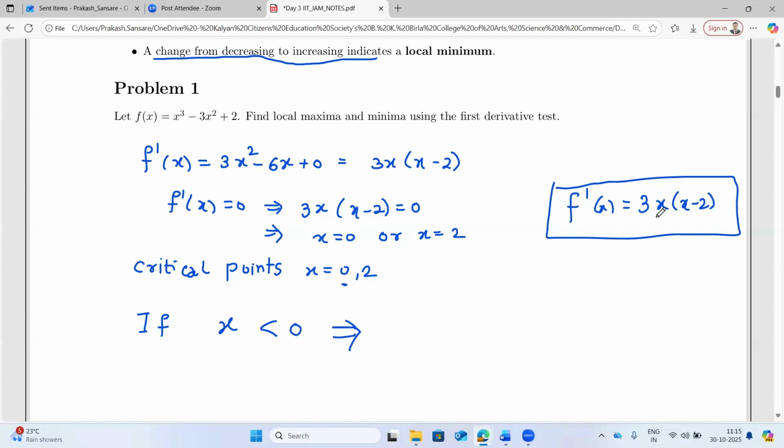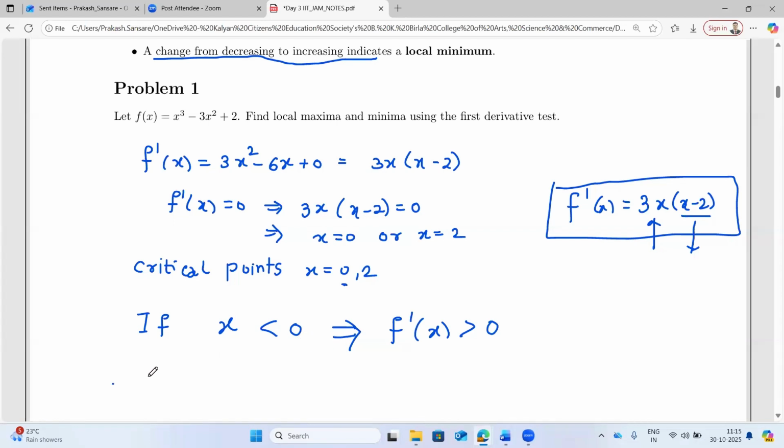If x is less than 0, then 3x will be negative, and x minus 2 is also negative. Negative times negative, when you multiply, will be positive. So f dash x is strictly greater than 0. It's very clear. If x is less than 0, your f dash x will be greater than 0.